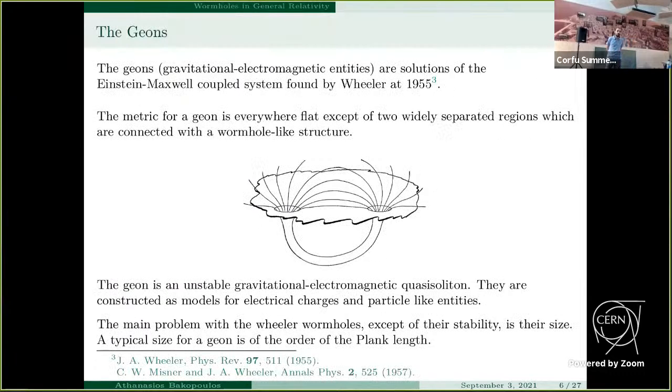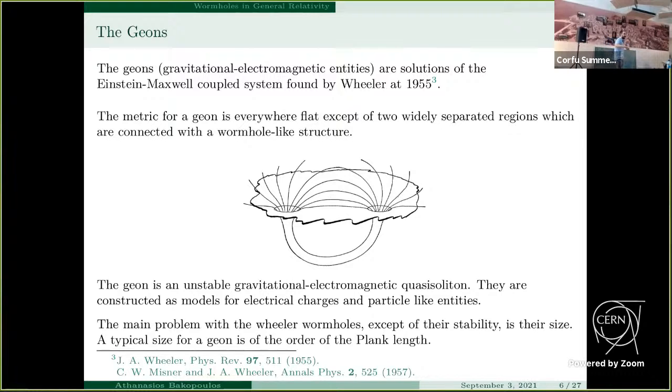Another interesting solution is the Geon. The Geon is a solution of the Einstein-Maxwell coupled system and was found by Wheeler. The metric for these solutions is everywhere flat except for two widely separated regions which are connected with a wormhole-like structure.